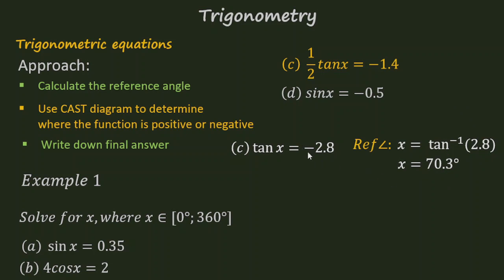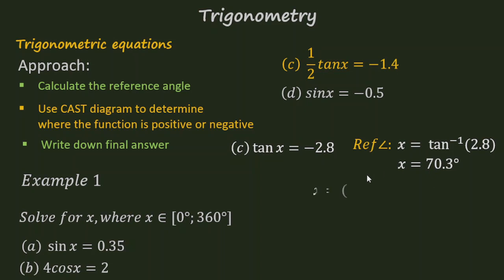But this sign here tells us that we are interested in the values of x in the quadrants where tan x is negative. Tan x is negative in the second quadrant and the fourth quadrant. That means 70.3 degrees is not part of the solution because this is in the first quadrant.